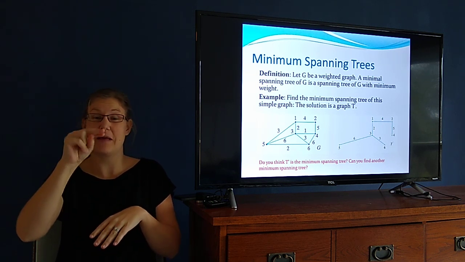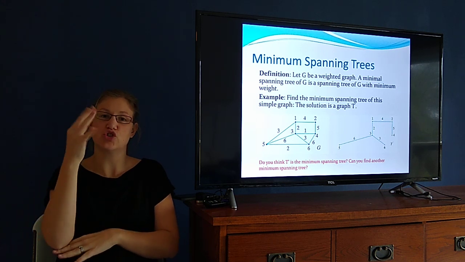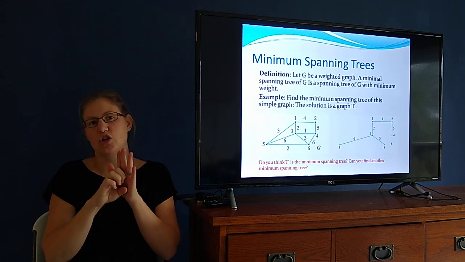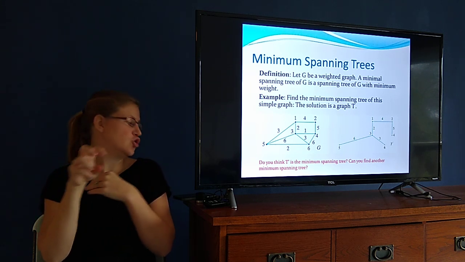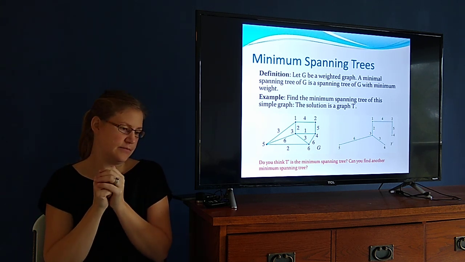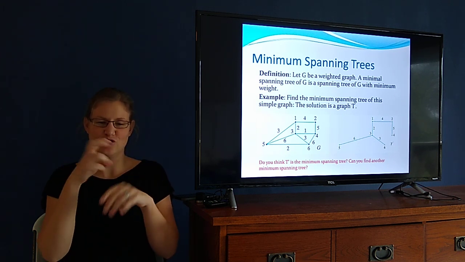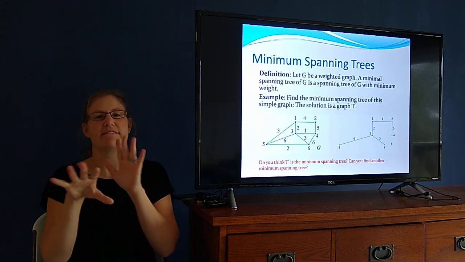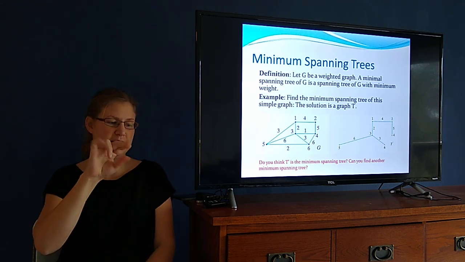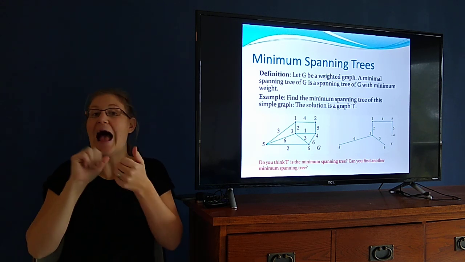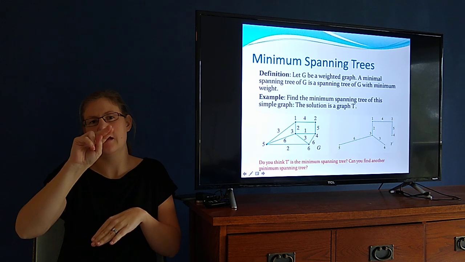I'm sure you can find multiple spanning trees, but the question is how to find the minimum spanning tree. Let's discover that.